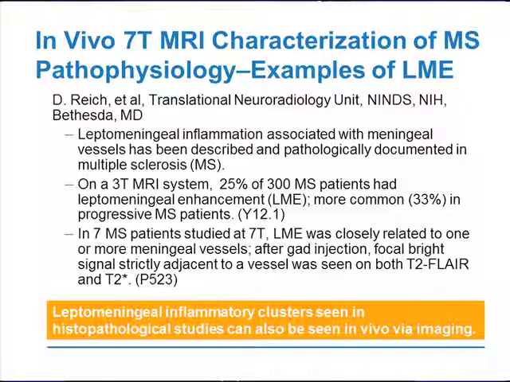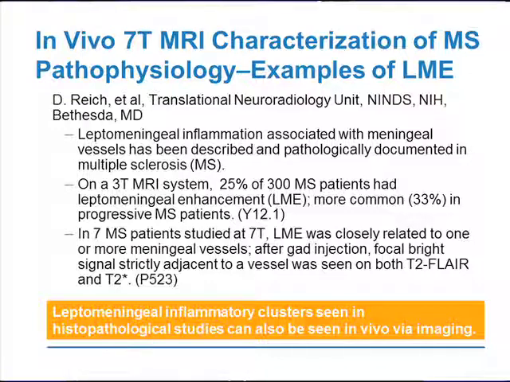So one of the two examples that I have is on leptomeningeal inflammation. And we have seen from previous studies that leptomeningeal inflammation is associated with meningeal vessels, and that's been described and it has been seen pathologically in multiple sclerosis.